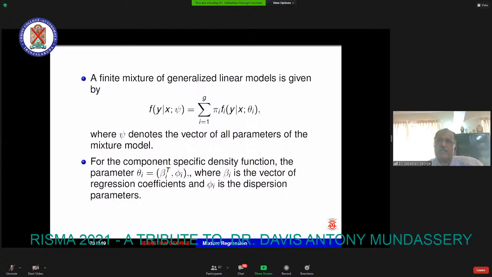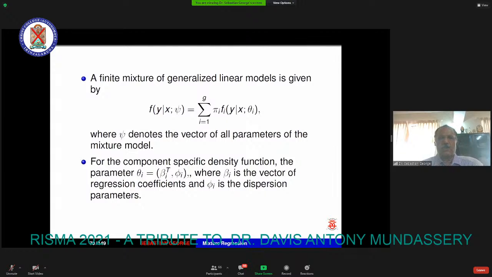So everywhere, in the non-mixture situation, what we are assuming is that the conditional probability density function of your response variable, given the explanatory variables, has a particular density function. Its expectation is your regression, which can be a regression line or a regression function.